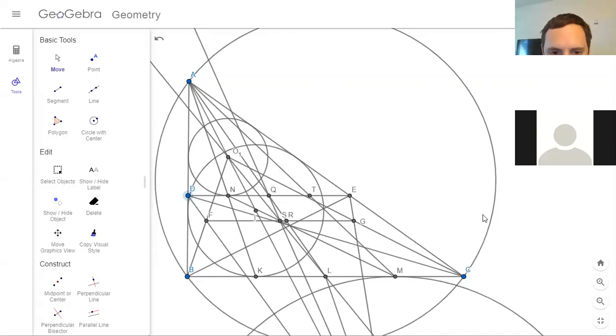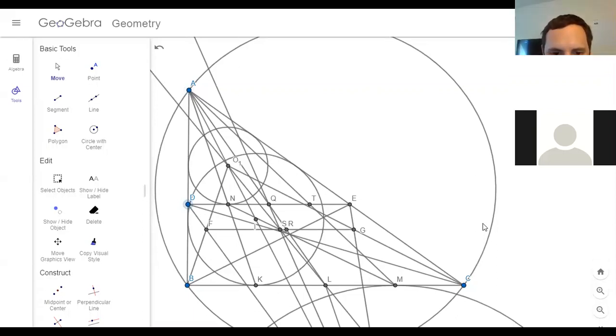And I feel like that should do it somehow. So if O, S, and L are collinear, then I think ONS is similar to FM in the excenter.